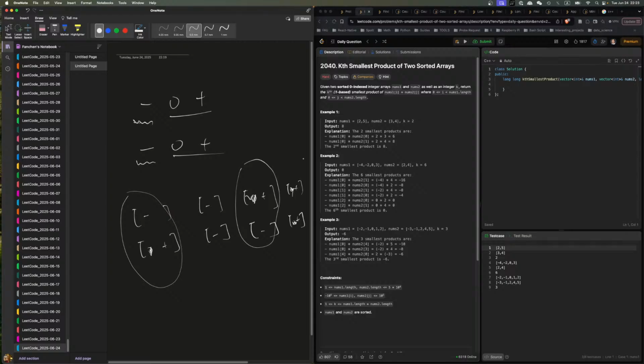I'm not gonna find the kth smallest for both of them, right? But can we say, well, get the smaller of the two if we have the kth smallest?